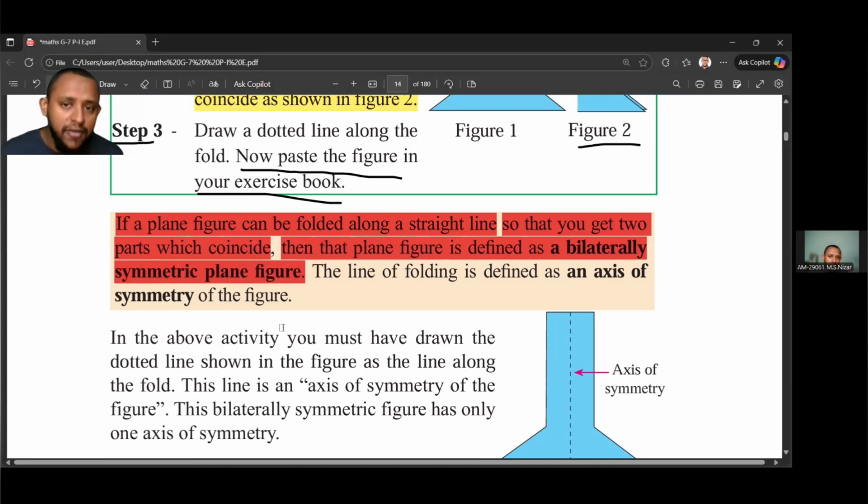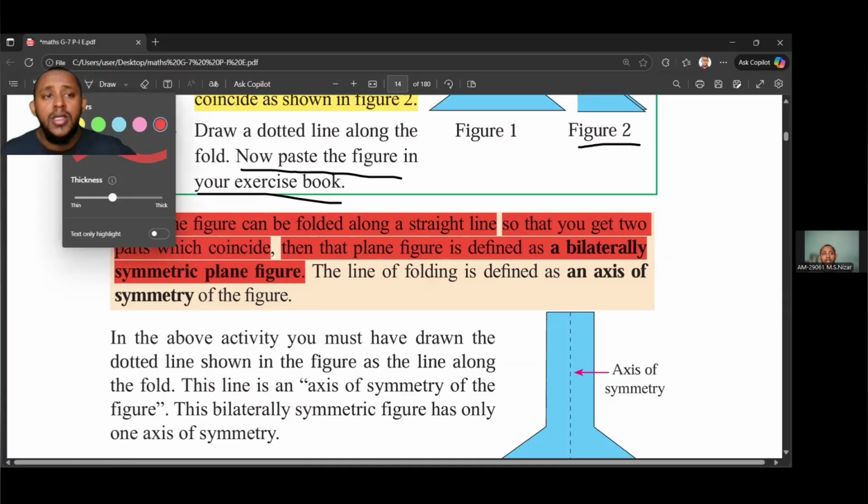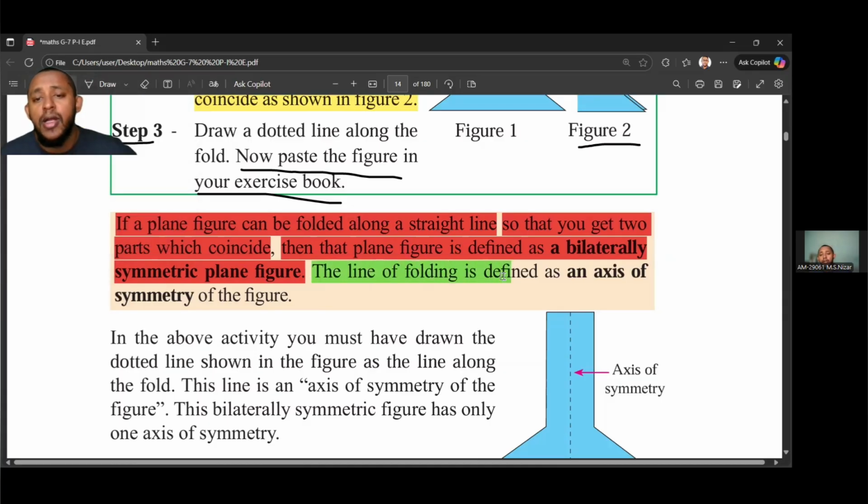The line of folding is defined as an axis of symmetry of the figure.